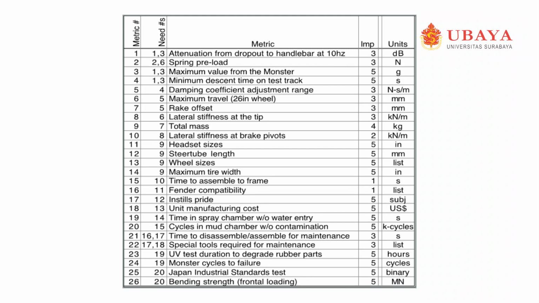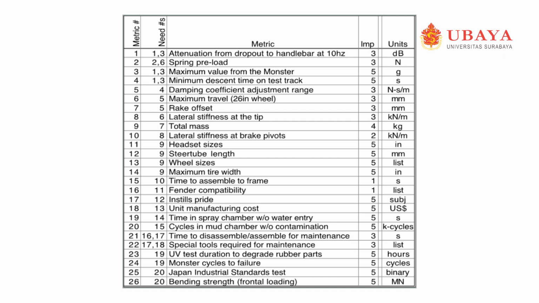Next one, this is the essence of this material: how to establish the metrics and the units. For example, in the first column, you can see the metric number. We have 1 until 26, which means that we have 26 metrics.